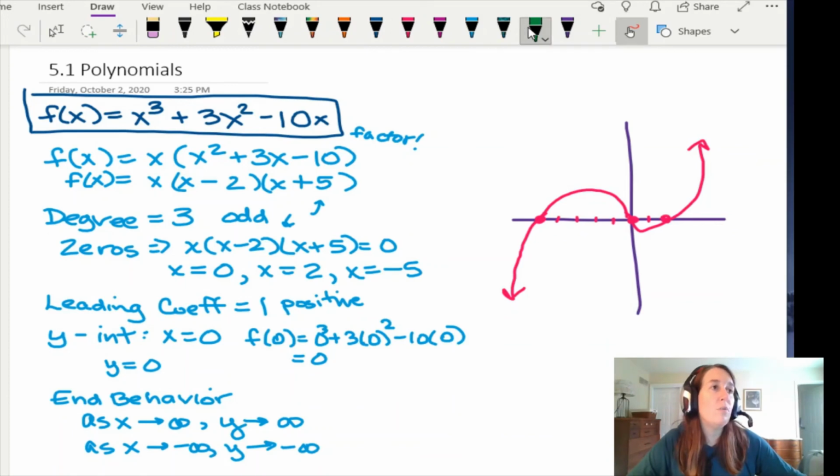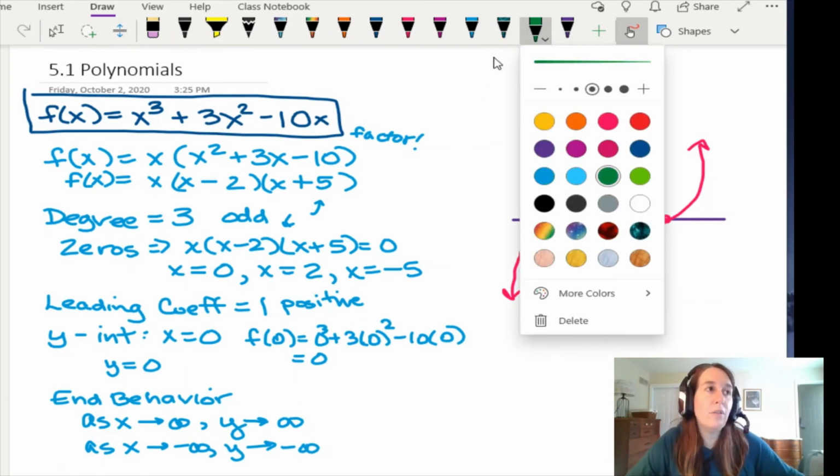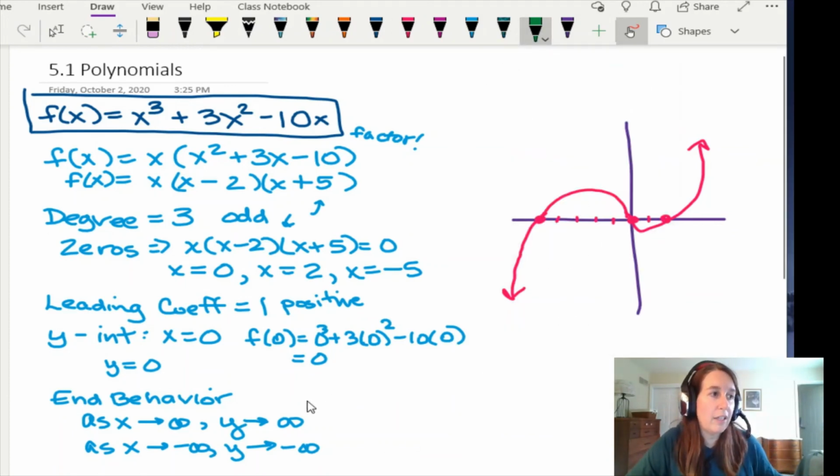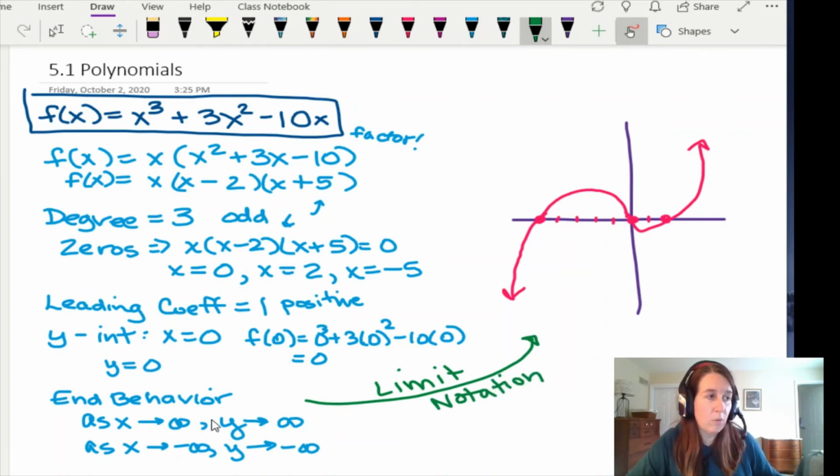So before we finish this problem, I want to introduce you to another kind of notation for end behavior. And what that is called is limit notation. It really says the exact same thing as this, but it just looks a little bit different.